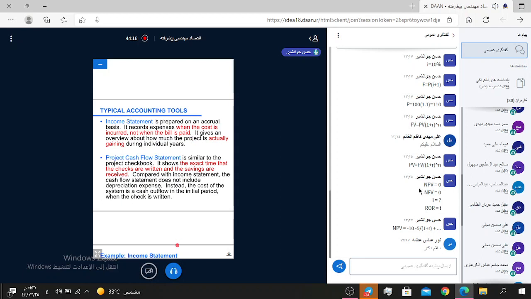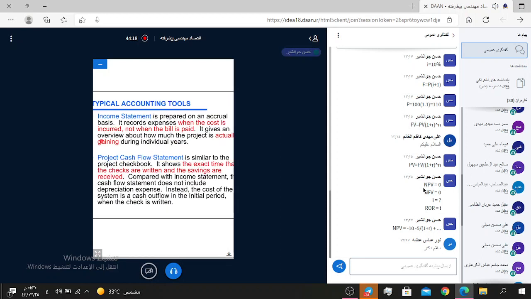Typical accounting tools: the income statement is prepared on the accrual basis. It records expense when the cost is incurred, not when the bill is paid. It gives us an overview of how much the project is actually paying during individual years.